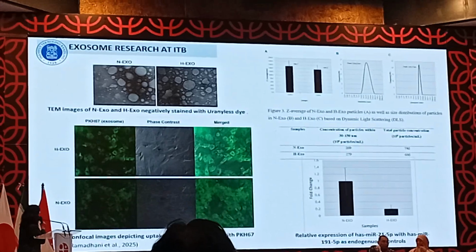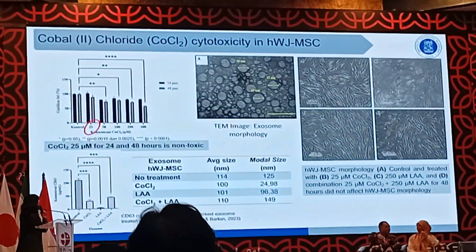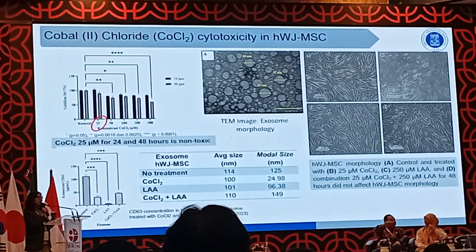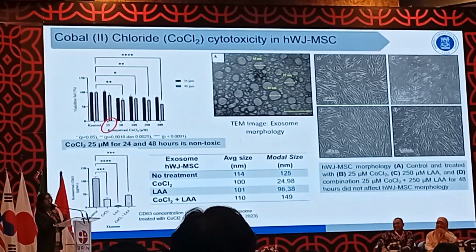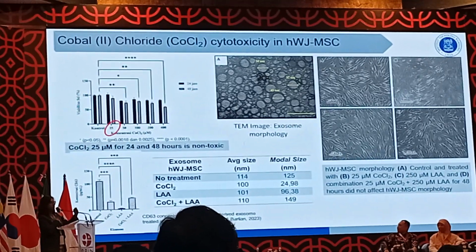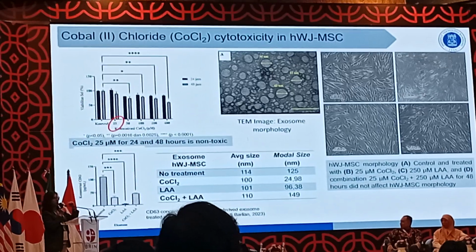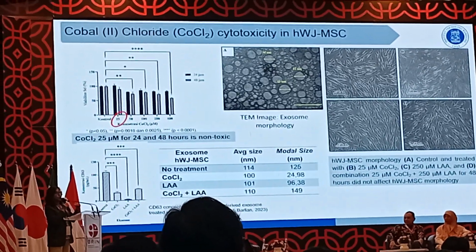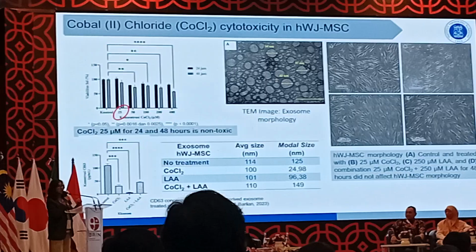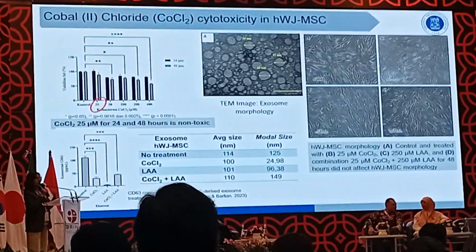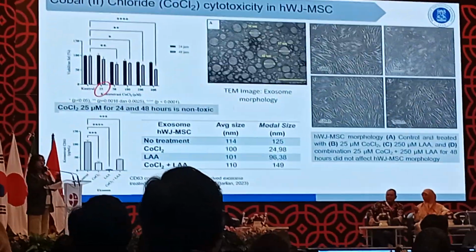Next slide, please. And because my research focus is more on tissue engineering, this time we use the exosome not under the hypoxia condition, but we challenge with chemicals that can also produce the hypoxia condition.